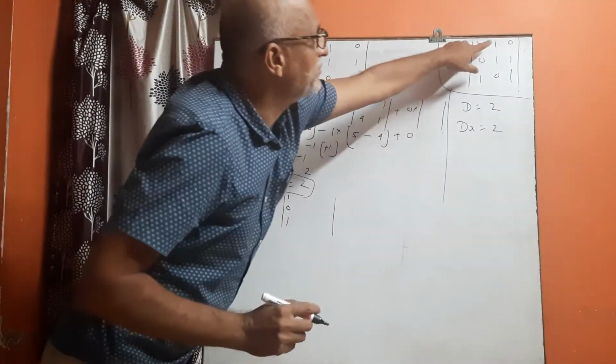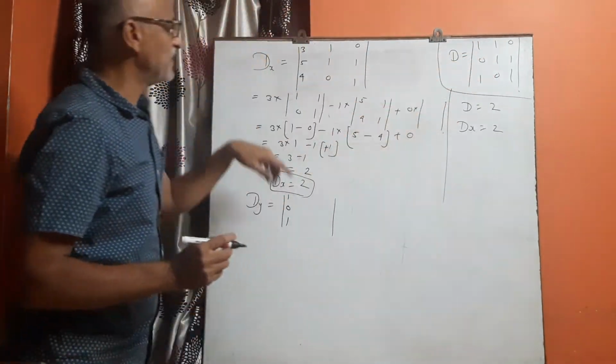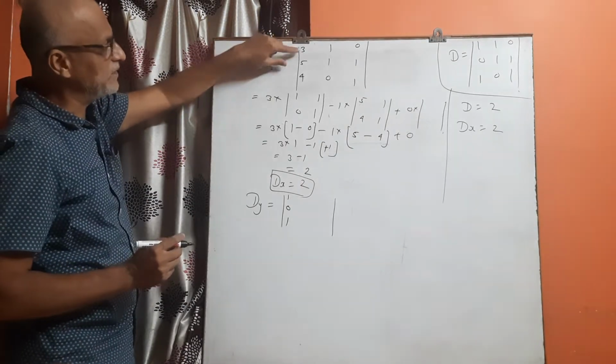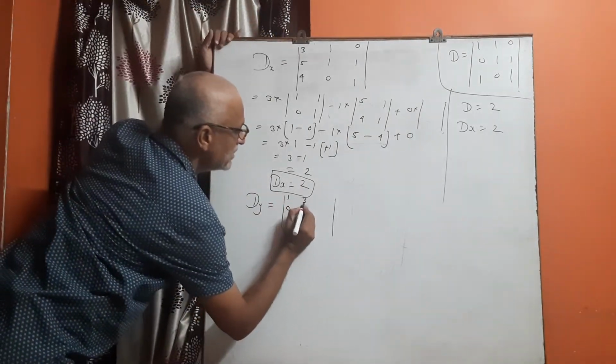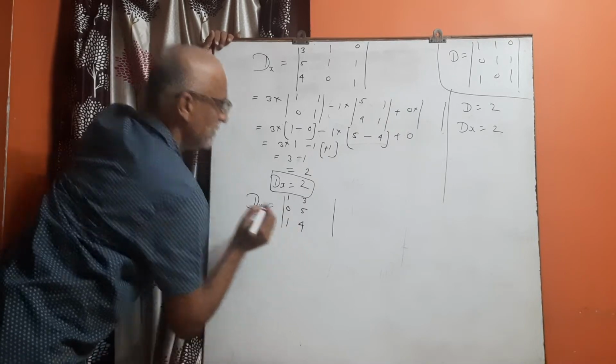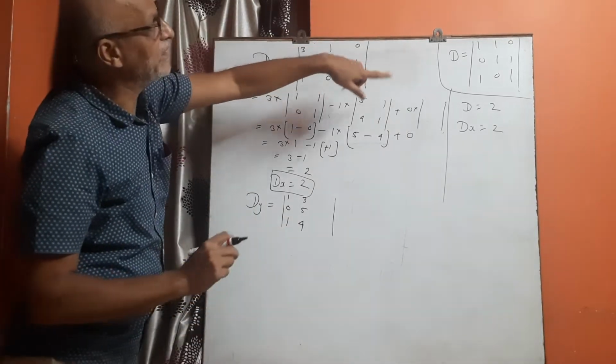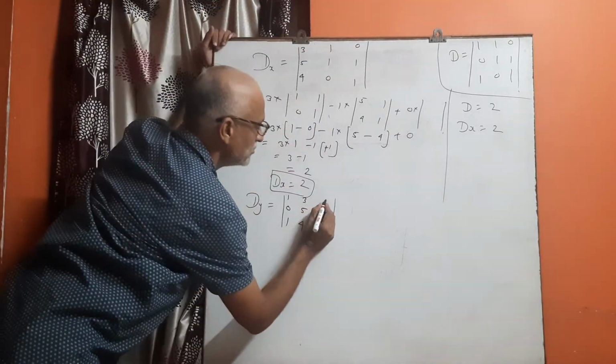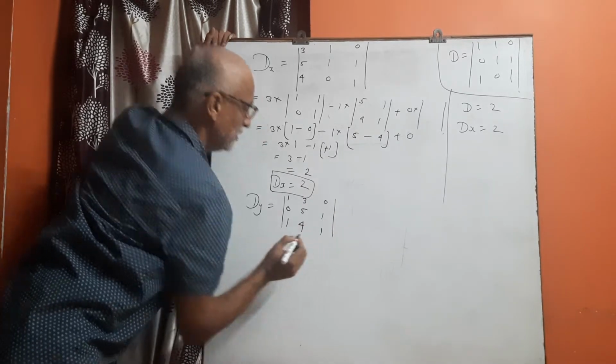Second column, that means 1 1 0, that will be replaced by the constants. Constants क्या है आपके 3 5 4. This is 3 5 and 4. Third column again remains as it is, so that will be 0 1 1.